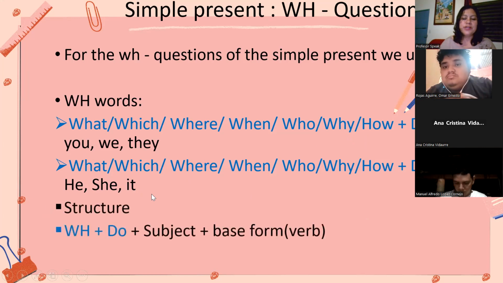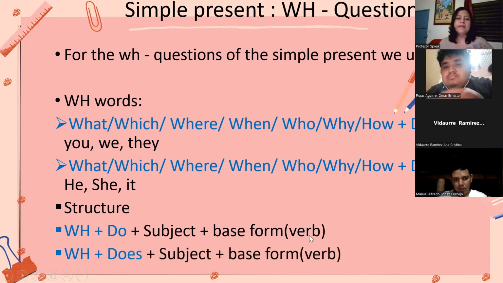The structure is going to be WH word plus do, subject, and base form of the verb. The verb continues with the base form, okay? And you can use WH plus does, subject, and also the base form of the verb. So this is the structure.